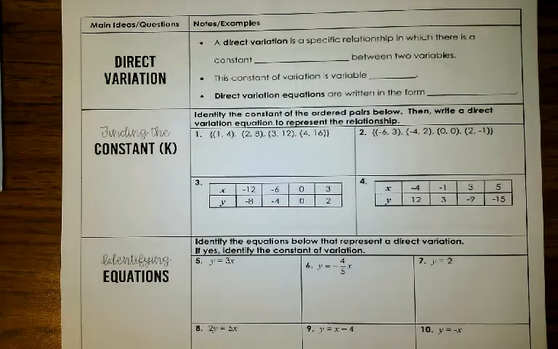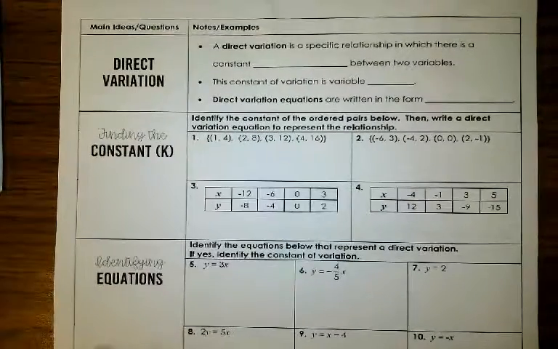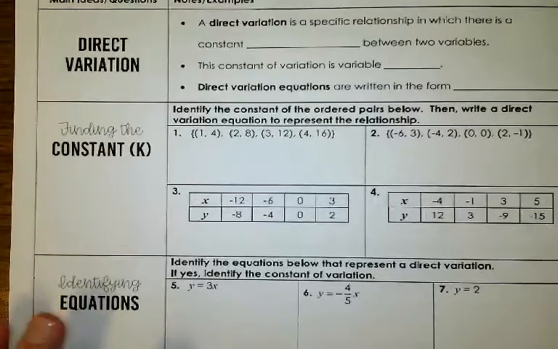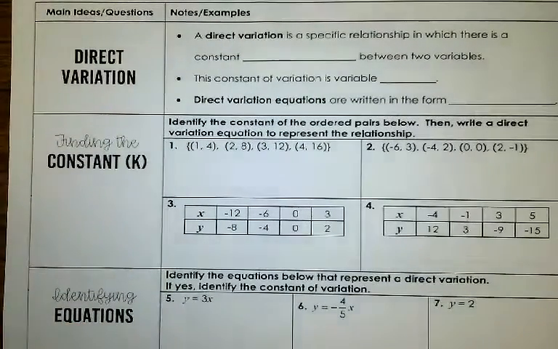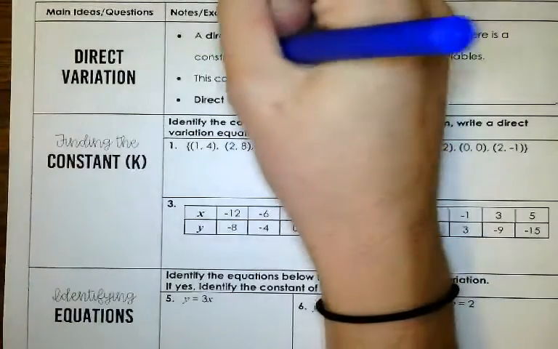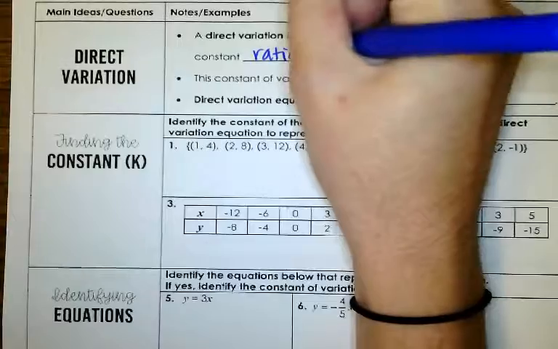All right, guys, so we are going to be talking about direct variation today. Direct variation is really not something that's super complicated. But it is a specific relationship in which there is a constant ratio, okay?